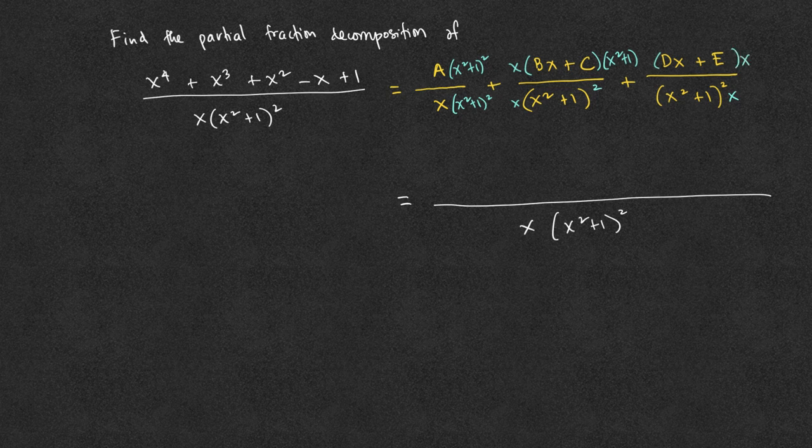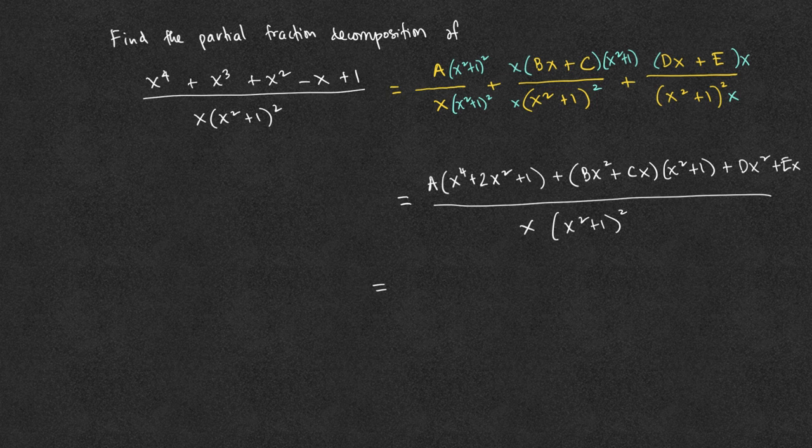Simplifying and distributing, we have A times (x to the fourth plus 2x squared plus 1), plus, we distribute the x first, (Bx squared plus Cx) times (x squared plus 1), plus, we distribute the x to get Dx squared plus Ex.